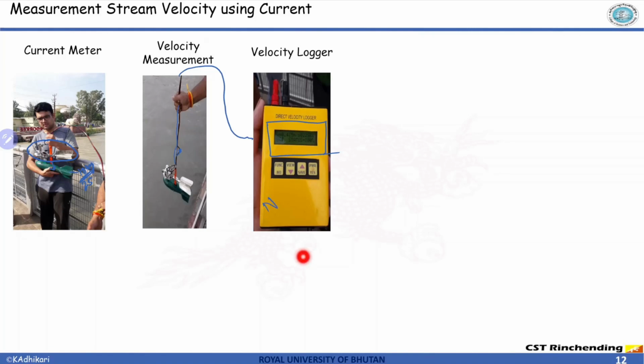It is kind of a turbine, there is a cup attached to an axle. That cup tends to rotate about the axle here. So the revolution is given by the logger. Nowadays, velocity can be read directly.